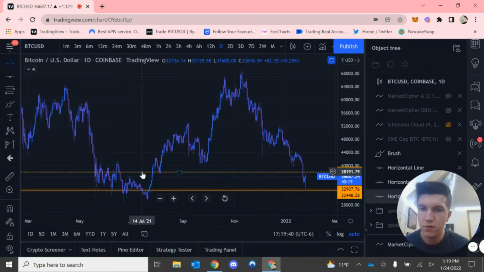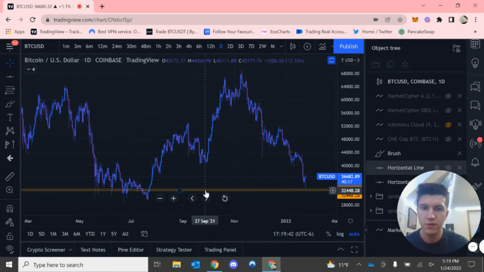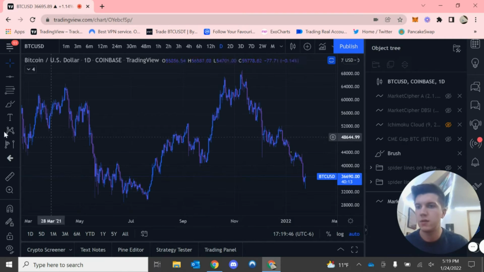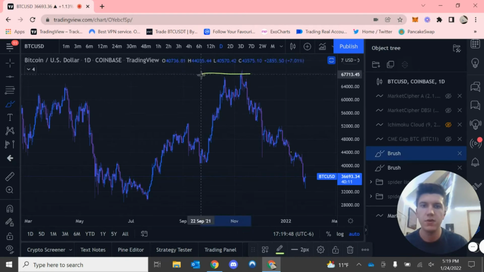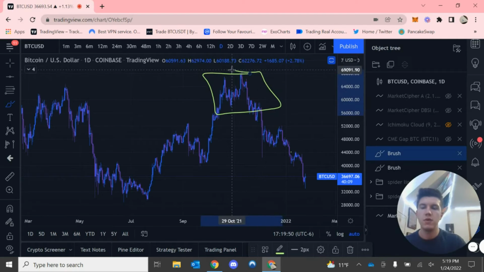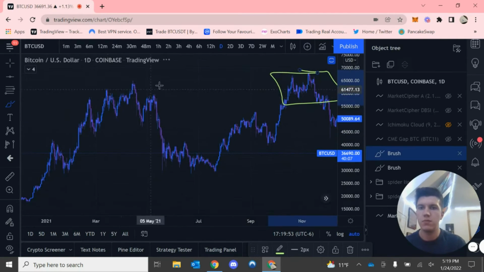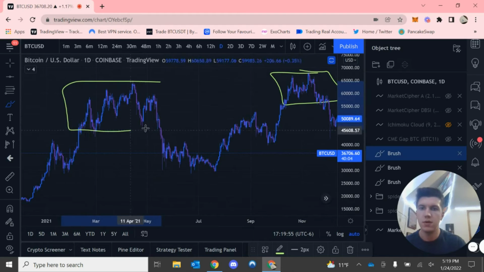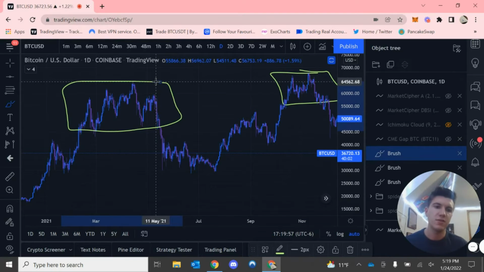And so you can do more ranges if you want to. For example, price was trading up here, and we had a similar level where price was trading up here. You guys can probably imagine the time. This was when Elon Musk was tweeting about Bitcoin and price was going all over the place.